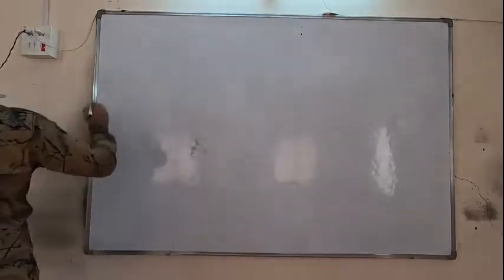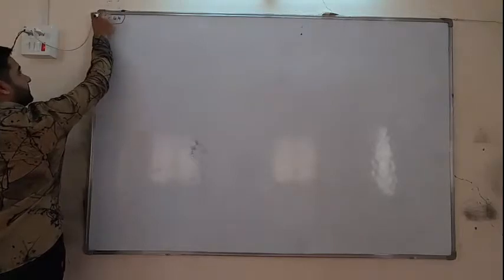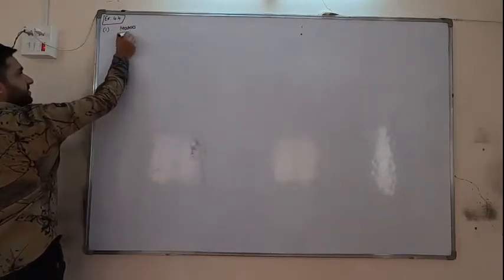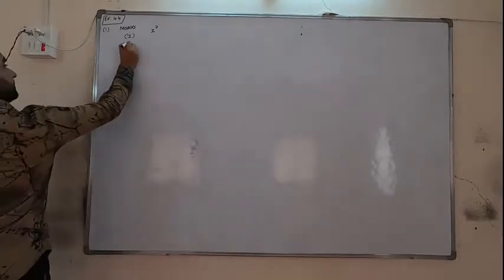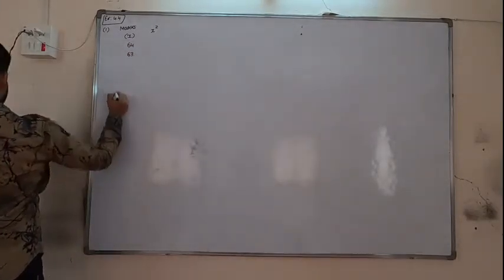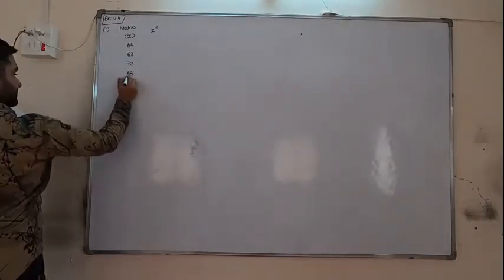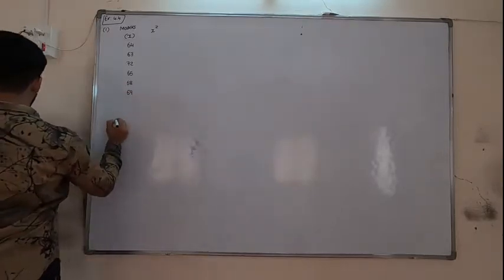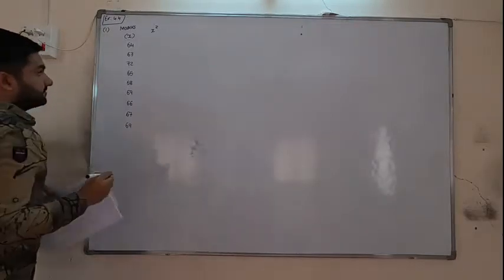Okay. So we are in exercise 4.4 and in that going for the first sum. Marks is the column of x and we require just x square. 64, 63, 72, 65, 68, 69, 66, 67, 69.